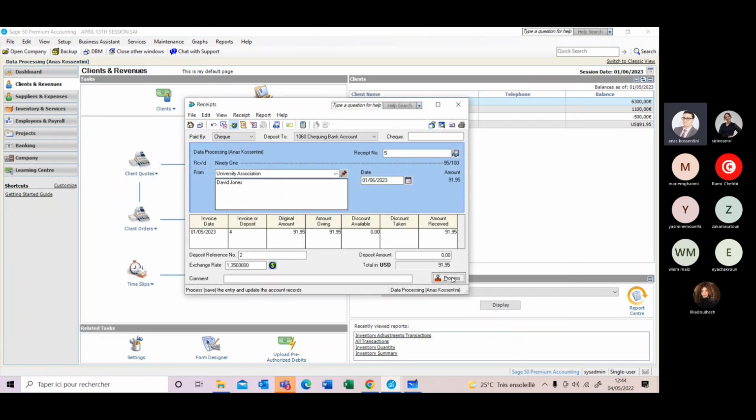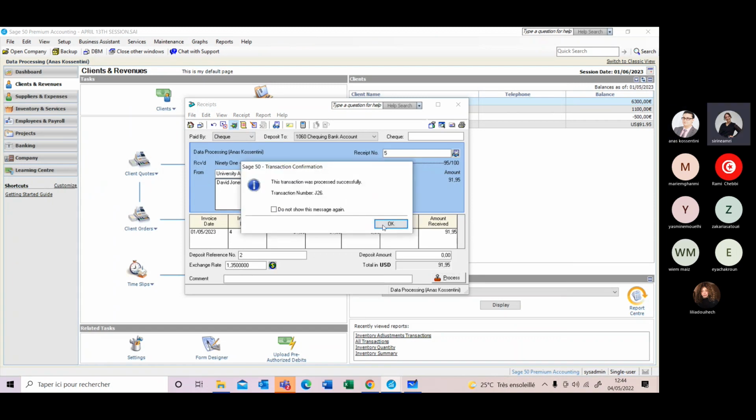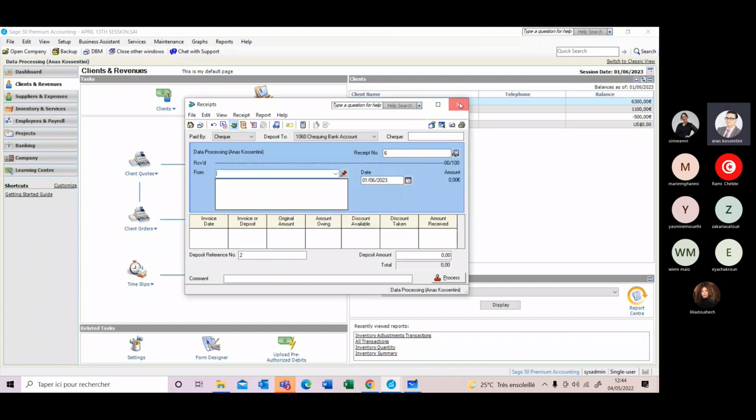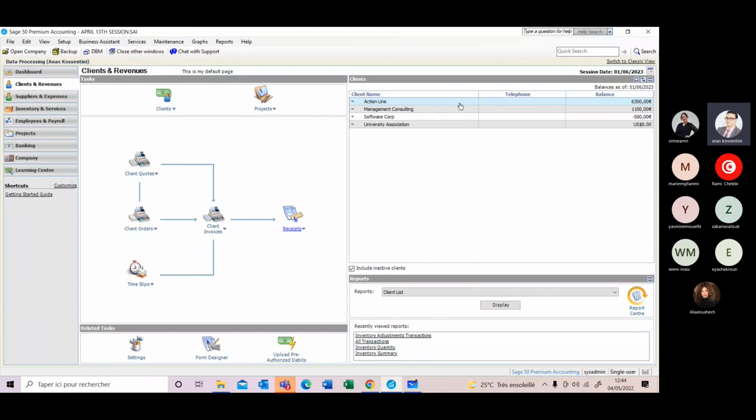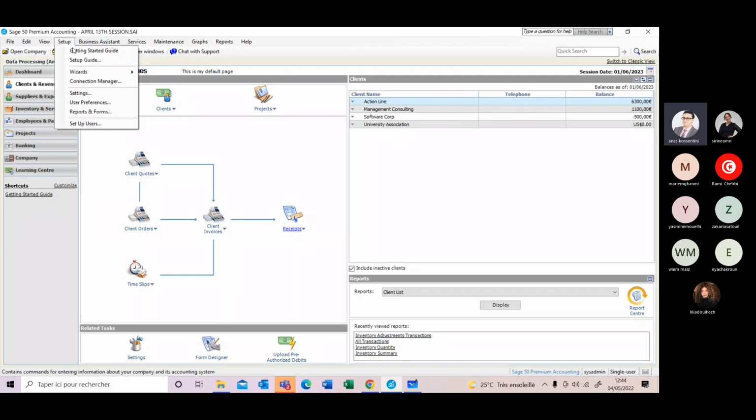I can click on process. Yes, sir, clear. All right. Because it's the way and how we can deal with foreign currency transactions using the software. So of course, again, remember the steps are so clear. We have step 1, we go to the setup settings and then we go to creating the client or creating the supplier.